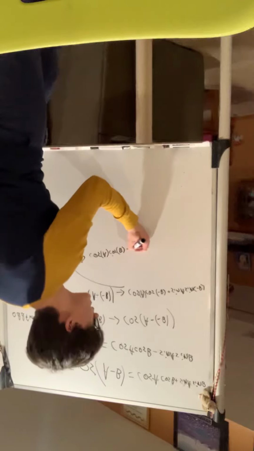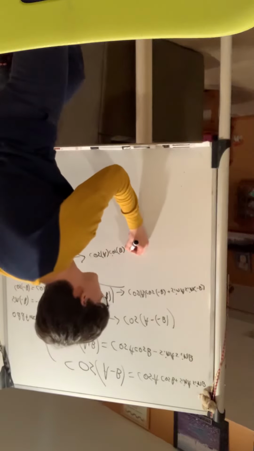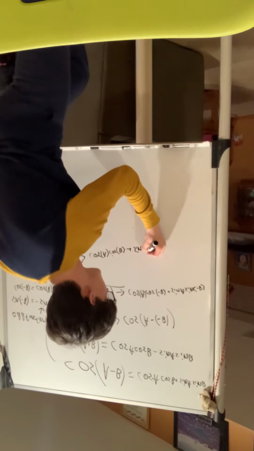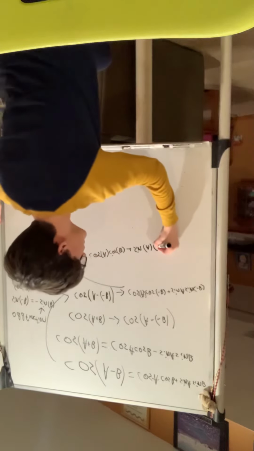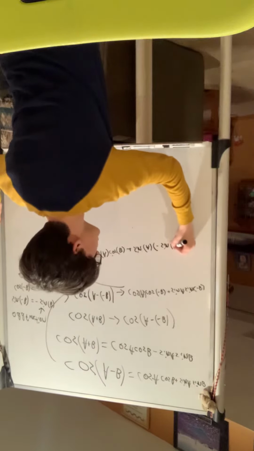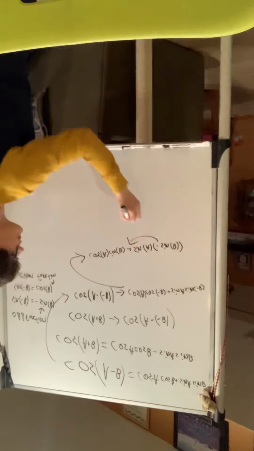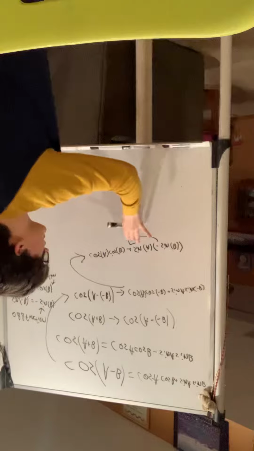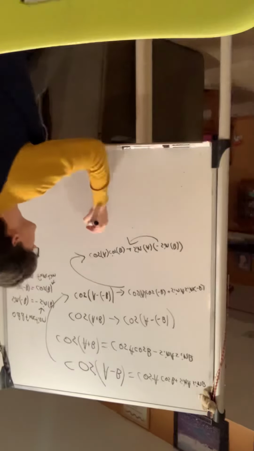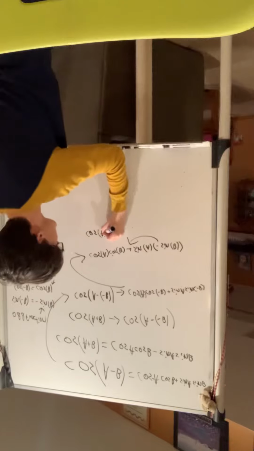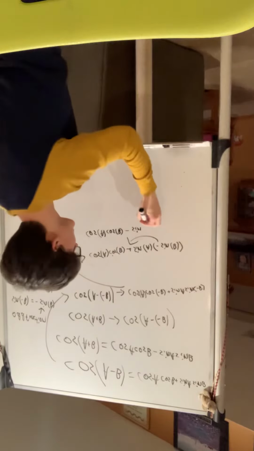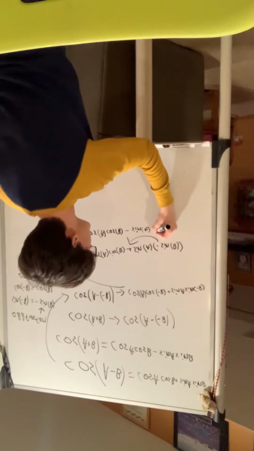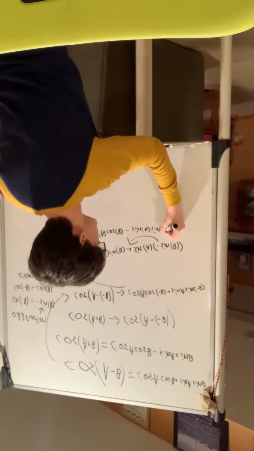And that's plus sine A times negative sine B. Using multiplication, we can put the negative over here and make that just positive. So that would be cosine A cosine B minus sine A sine B. That's just basic algebra again.